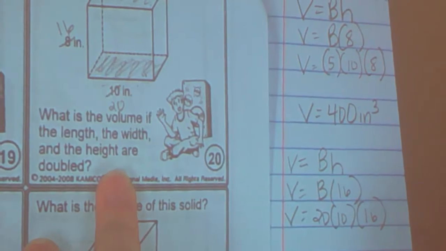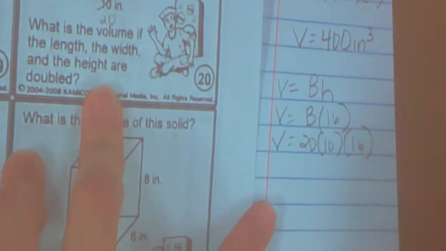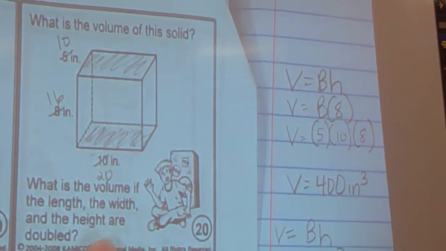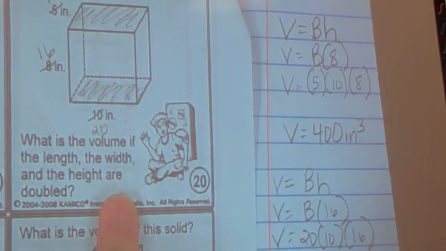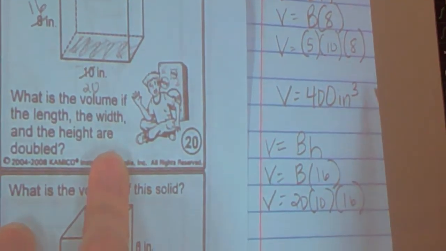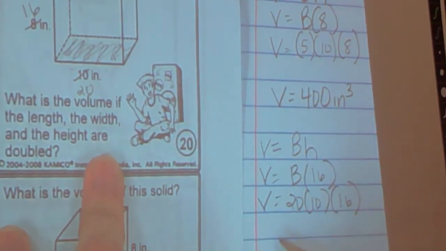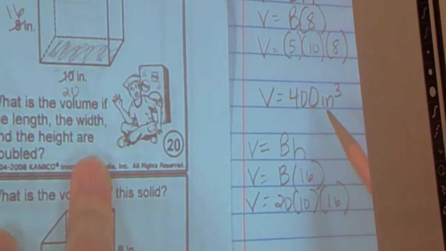Okay, and I'm going to need a calculator probably. Can somebody grab the calculator and calculate that for me? 200 times 16. This will show us the difference between the 2 volumes. The problem in some cases may ask you to go a little bit further and actually tell the difference.